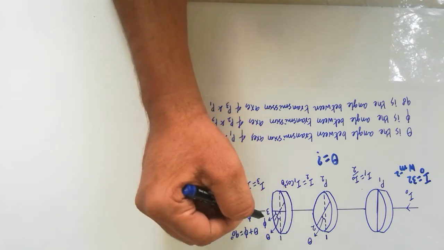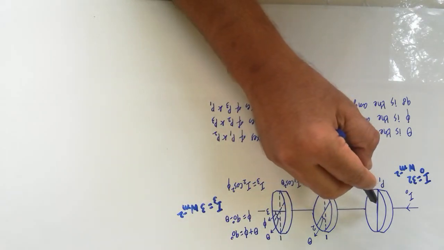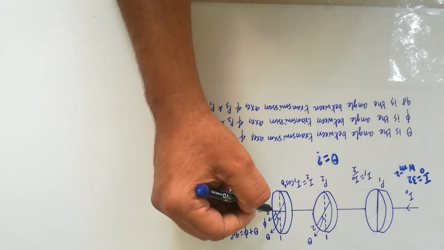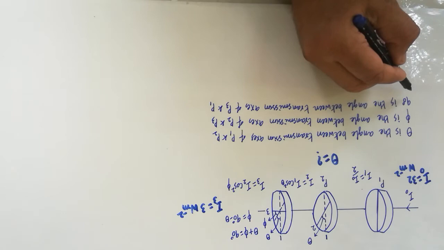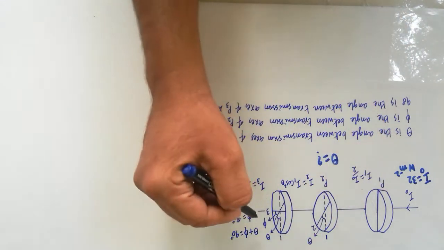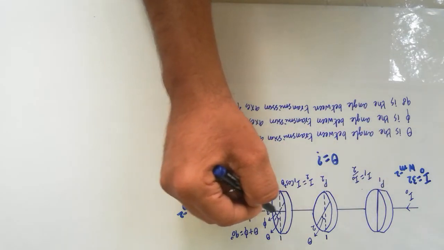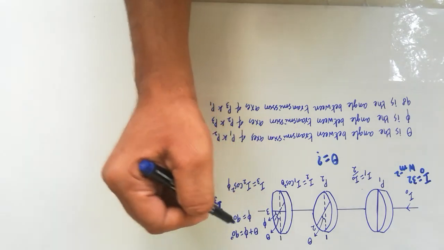And according to the problem, the angle between the transmission axis of the first Polaroid and third Polaroid is 90. Are you clear? How much? 90. So what is the angle between the transmission axis of the first Polaroid and third Polaroid? In between this line and this line, the angle is how much? 90 degree. Both are perpendicular to one another.